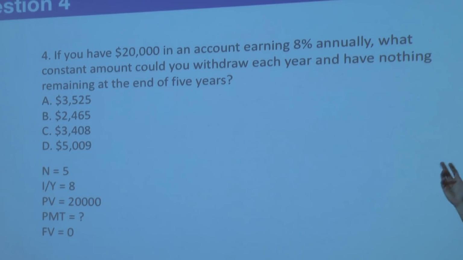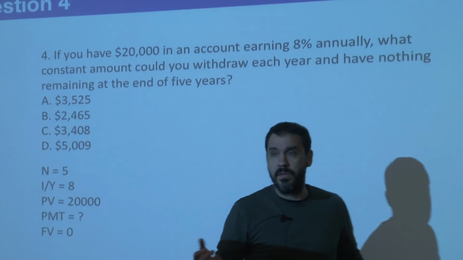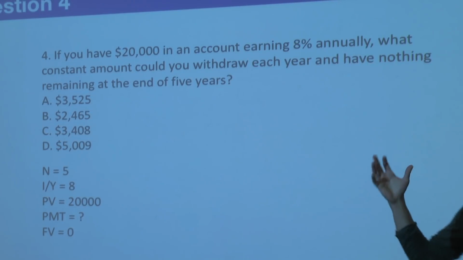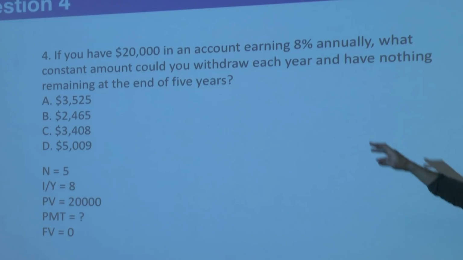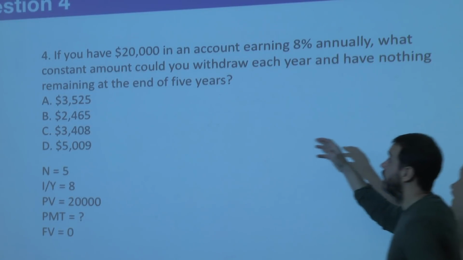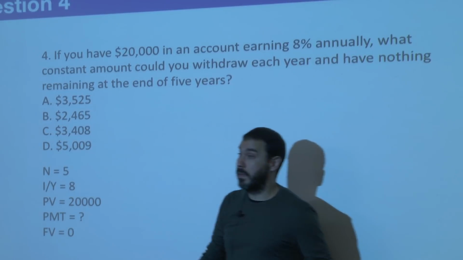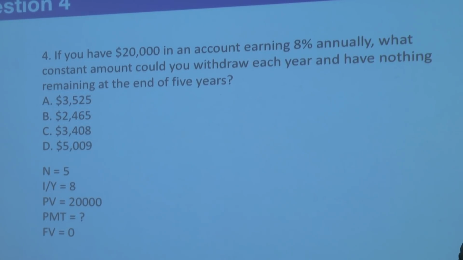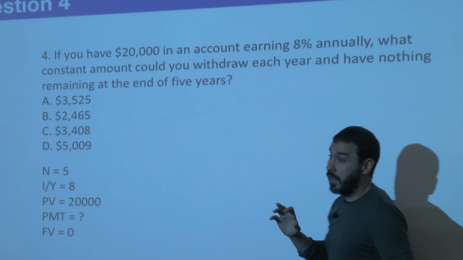They constantly ask me, where does the 0 come from? The 0 just means at the end of the period, this structure will have nothing in it. I completely deplete my present value of $20,000 through the payments. I withdraw from this $20,000 up to the point that after 5 years, I have nothing in it.